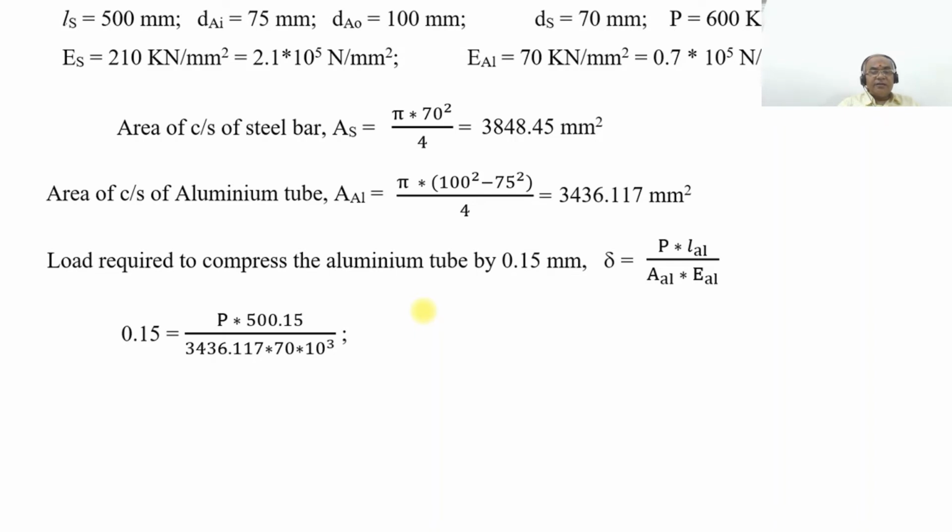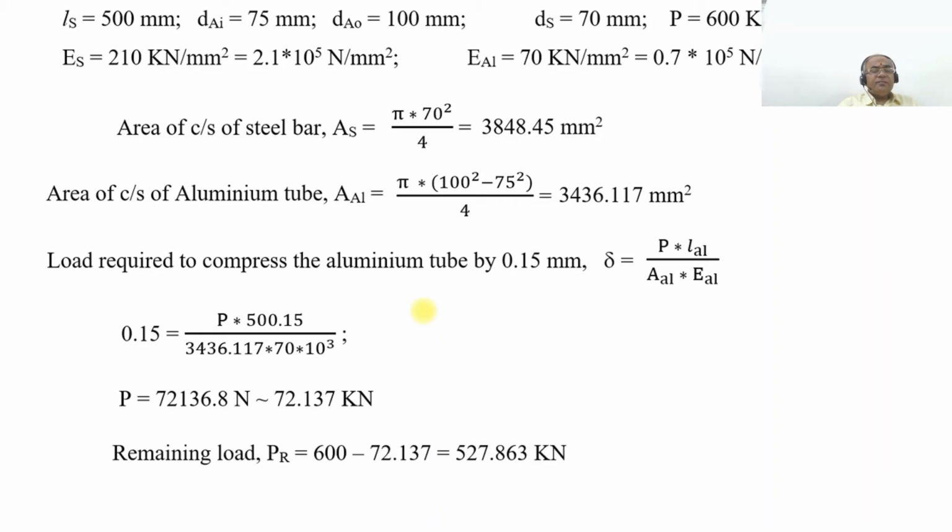On simplification, P is 72,136.8 Newton, which is 72.137 kN.